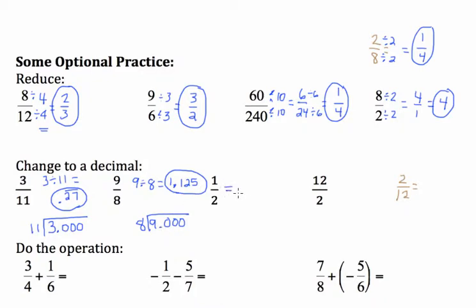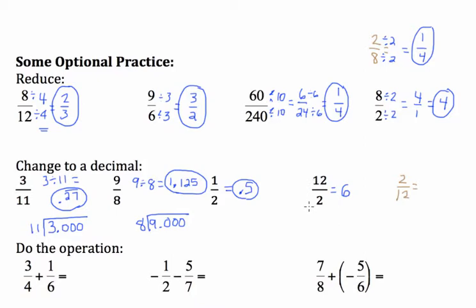Some problems I have memorized. For example, 1/2, I know that that's 0.5. But again, if you divided that in your calculator, 1 divided by 2, you'd get 0.5. 12 divided by 2, I don't even need my calculator for that one, it's 6. Again, notice 12 divided by 2, that's going to be a number bigger than 1.